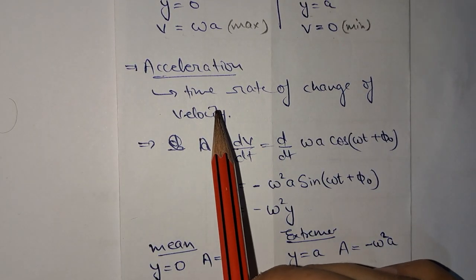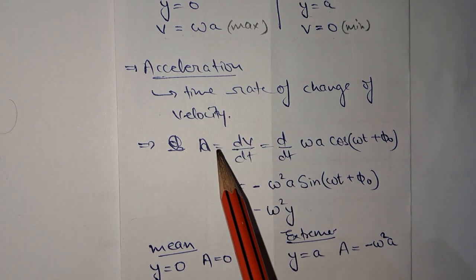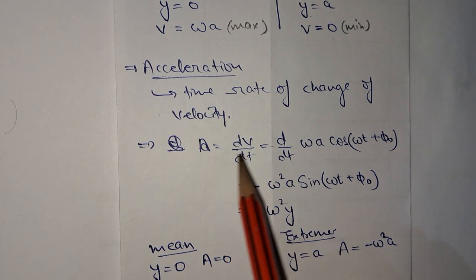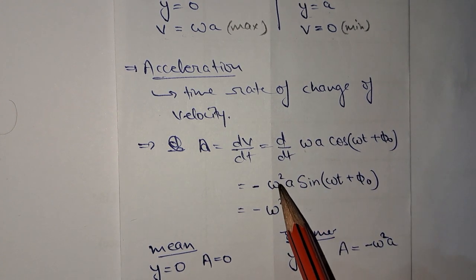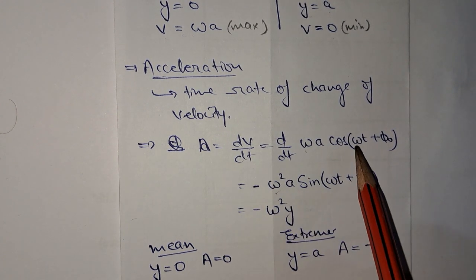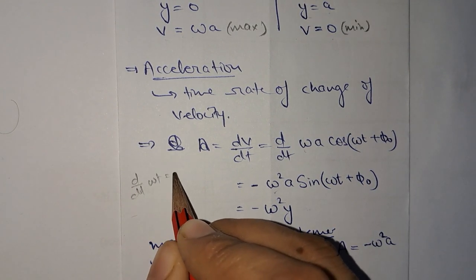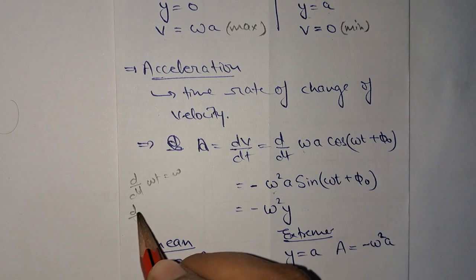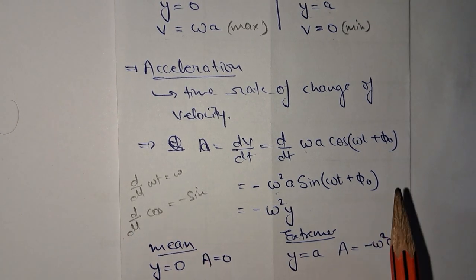Now let us talk about acceleration. Acceleration is nothing but the time rate of change of velocity. So differentiating the velocity with respect to time, we get omega, again omega. d by dt of omega t is equals to omega, and d by dt of cos is equals to minus sine.